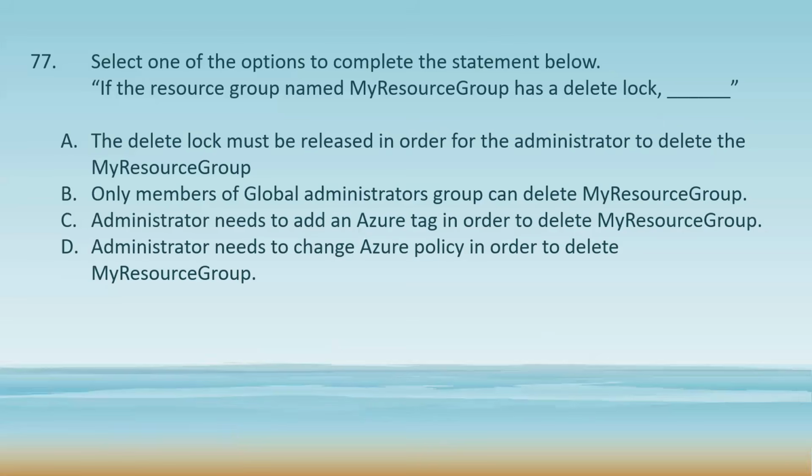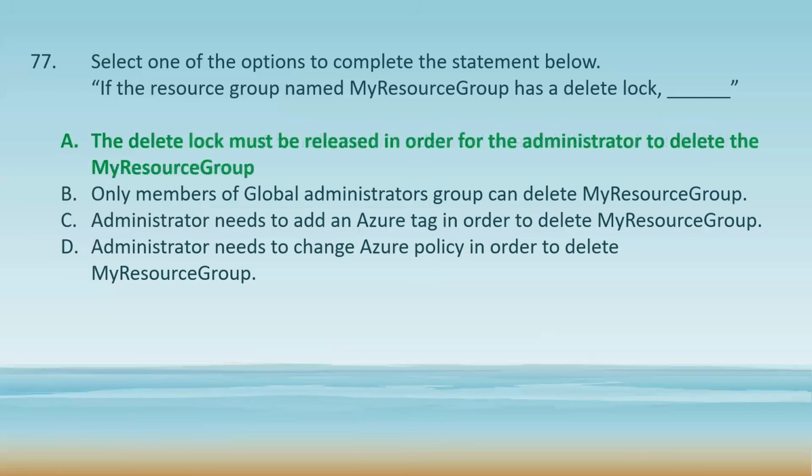Option B talks about global resource administrators. Global administrators will have access to delete the lock itself, but the resource group cannot be deleted unless the lock is released, which means option B is incorrect. And the right option is option A. The delete lock must be released in order for the administrator to delete the My Resource Group.